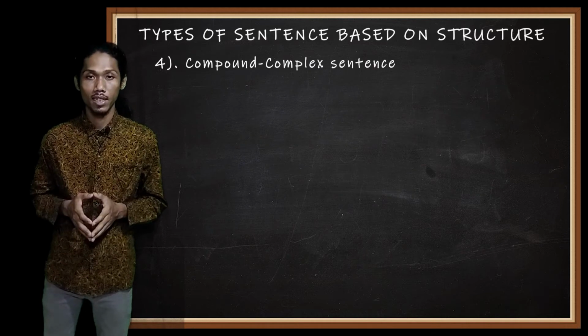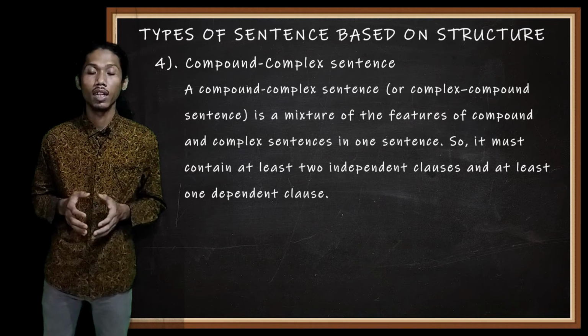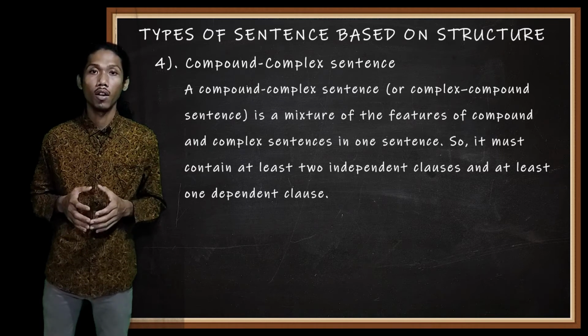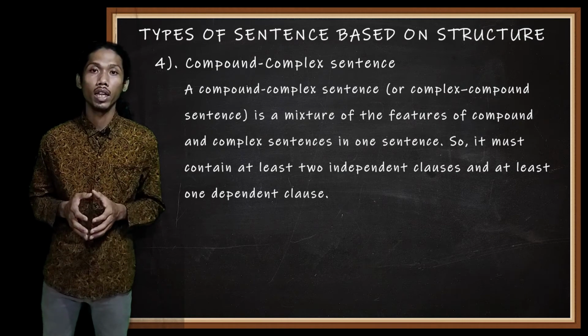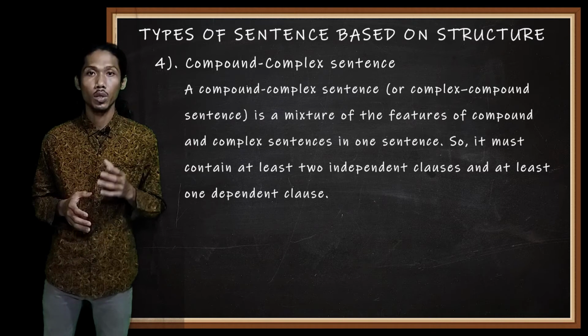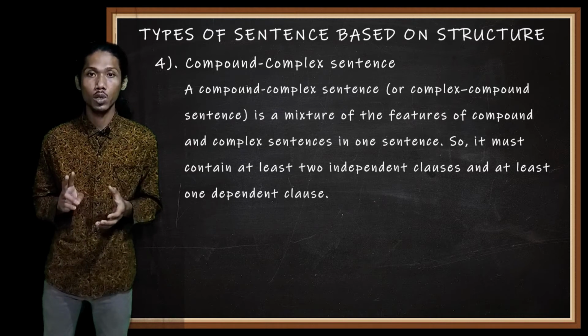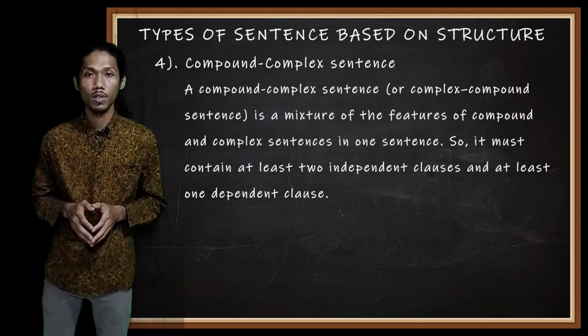Compound complex sentence. A compound complex sentence is a mixture of the features of the compound and the complex sentences in one sentence. So it must contain at least two independent clauses and at least one dependent clause.